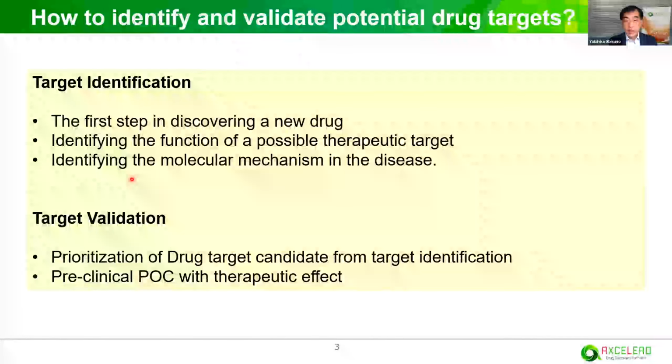Another thing is that identifying the molecular mechanism of the disease would have a significant impact on the success rate in clinical stages. On the other hand, target validation is the prioritization of the drug target candidates from the target identification described below.